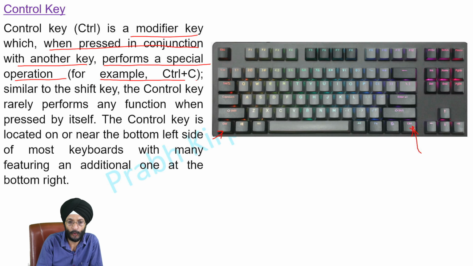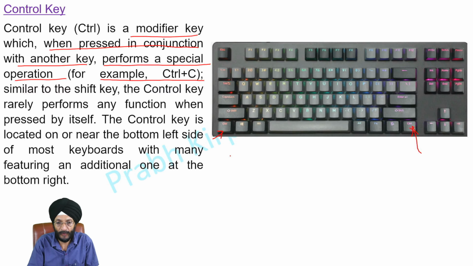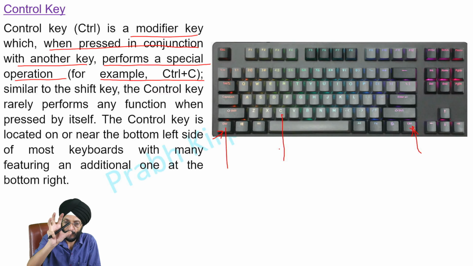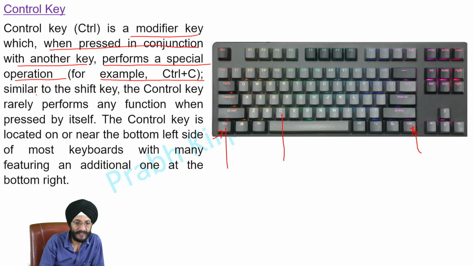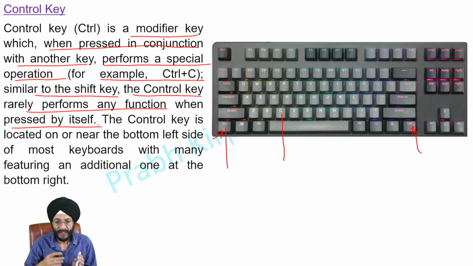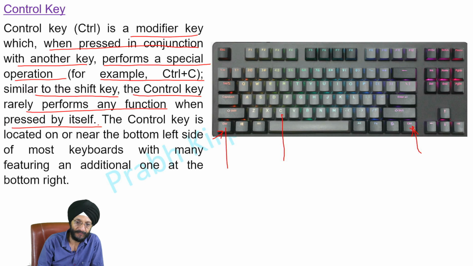For example, control plus C. That is, when we press control and C jointly, it will copy what is available on the monitor which has been selected. Similar to the shift key, the control key rarely performs any function when pressed by itself. It means that the control key normally does not perform any function if we press only the control key.